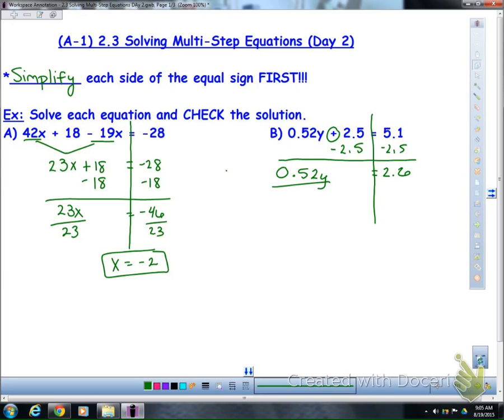Then I can divide by 0.52 on both sides. Y equals 5. So this one, we don't have to worry about our decimals and our answers because it's right there. So pause the video for a minute, make sure everybody catches up and is on the same page.